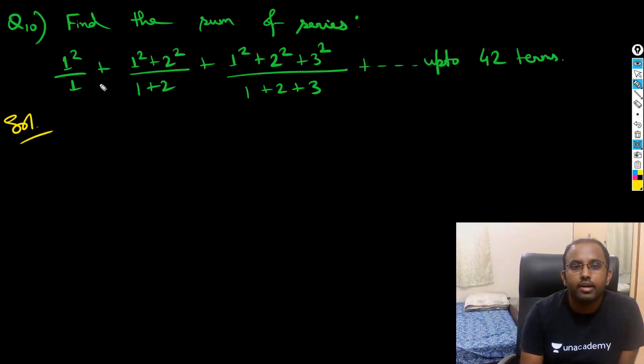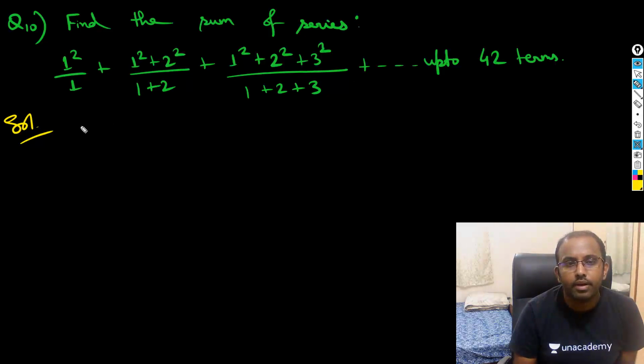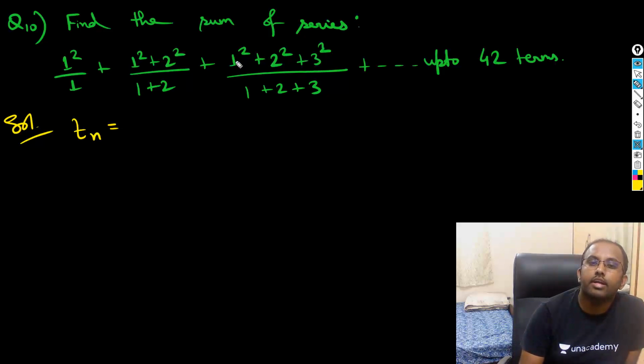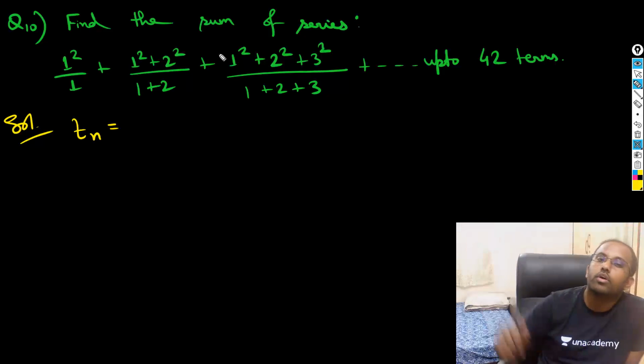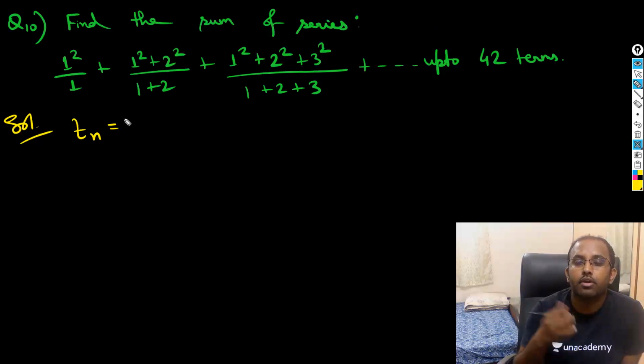So in the numerator it's quite visible, what is our nth term? The nth term has in the numerator the sum of n terms actually, 1 square till n square. What is the sum of 1 square plus 2 square till n square?